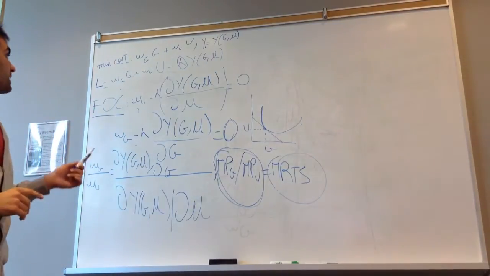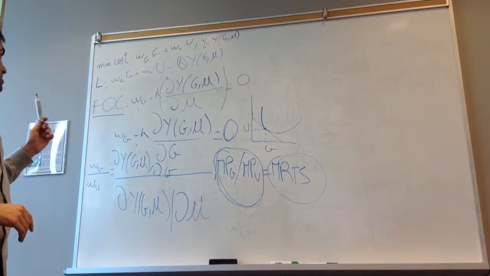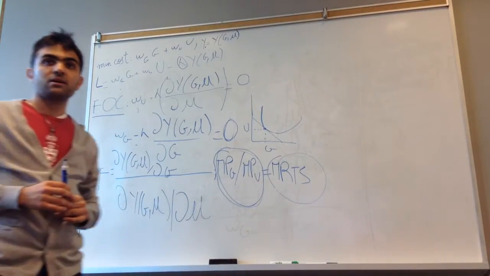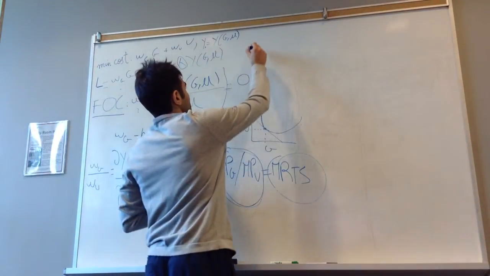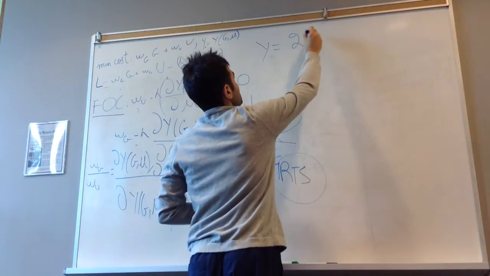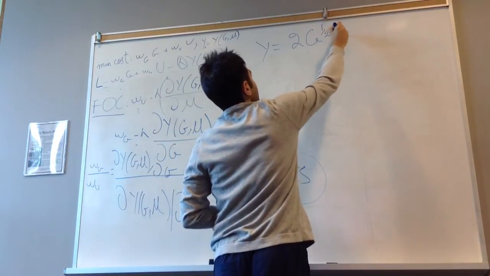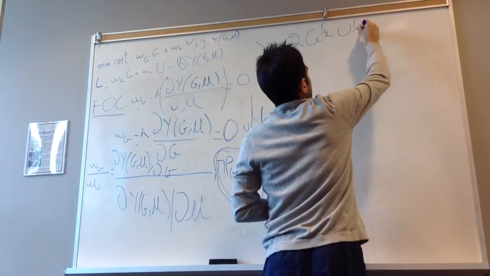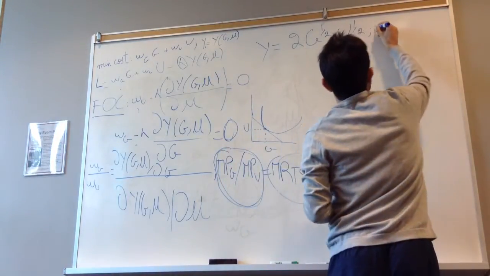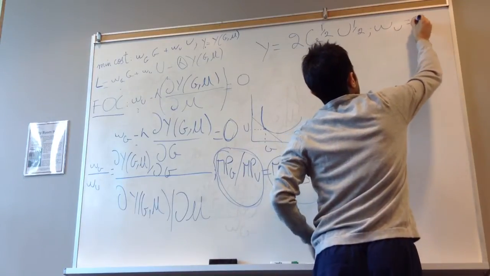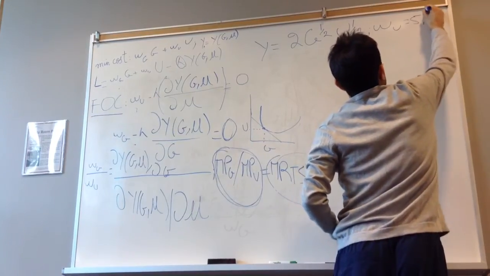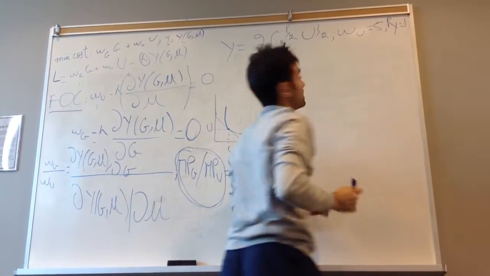So now I'm going to move to actually giving numbers to those variables here. Suppose, let's say, your y is equal to 2g to the power of half, so it's a Cobb-Douglas here, and let's say your WU is equal to 5, and the price of y is equal to 1 in this case.